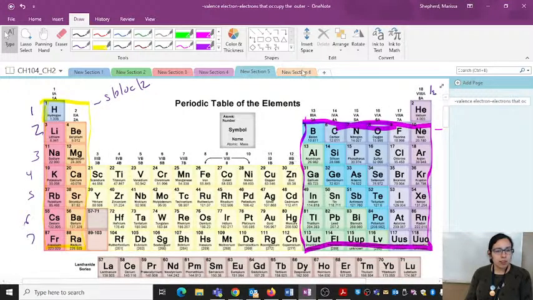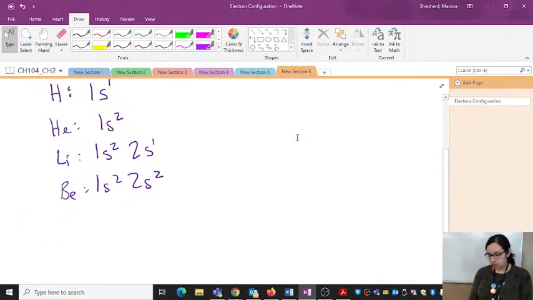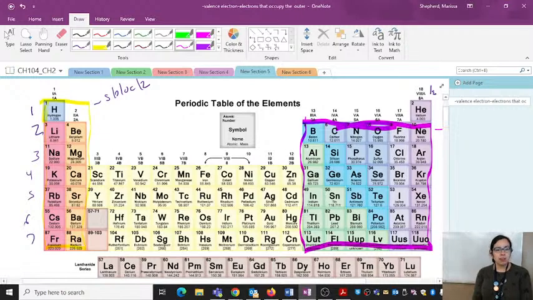Then we can continue with our electron configuration. Boron would be 1s2, 2s2, and then 2, since we're still on the 2 level. And that's another important thing. I don't want to go into the quantum numbers right now, but notice that the p starts right at level 2.